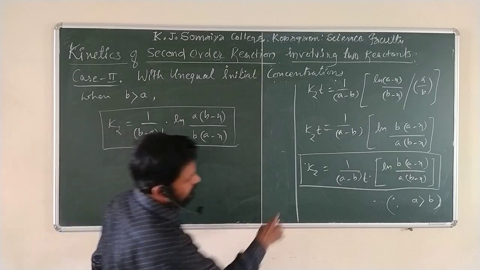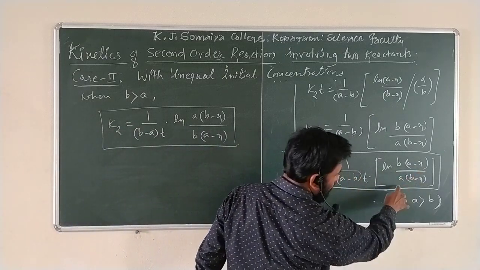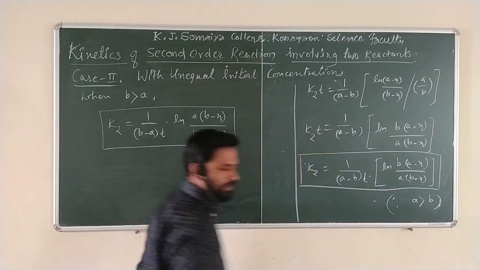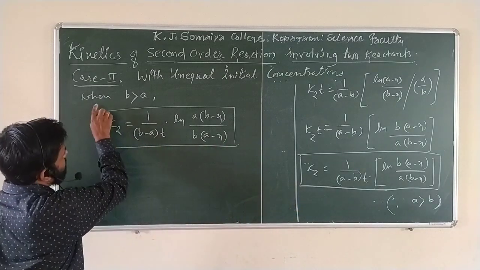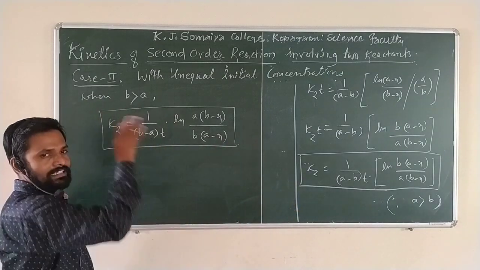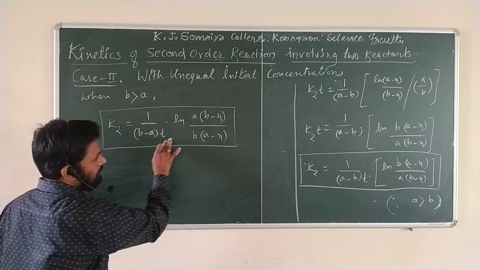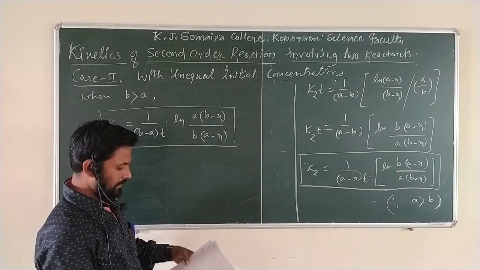See, this is k2 equals 1 upon (a - b) into t, ln b into (a - x) upon a into (b - x) when the concentration of reactant A is greater than B initially. When the concentration of B is greater than A, in such a condition k2 equals 1 upon (b - a) into t, ln a into (b - x) upon b into (a - x).